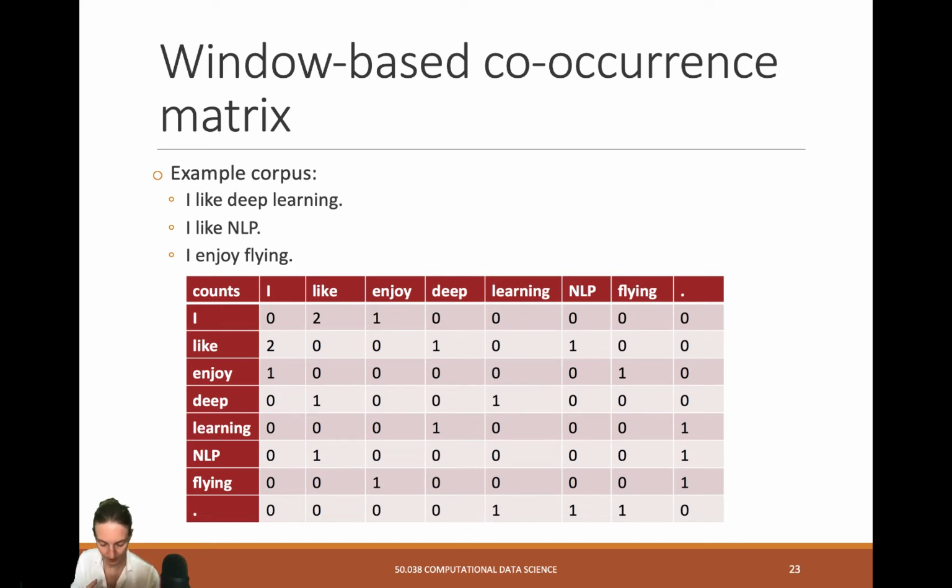We will have all of the words in our corpus as the column and row headers. Now, each time words co-occur, for instance, I and like, we will add +1 count. Like and deep, +1 count. Deep and learning, +1 count, etc. And that's how you form this window-based co-occurrence matrix.